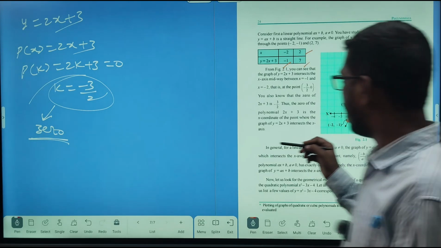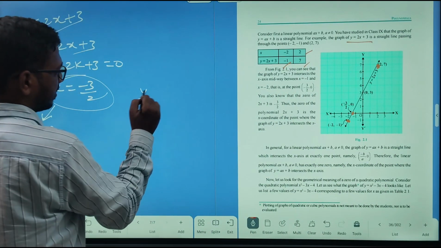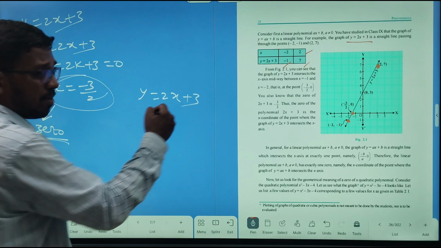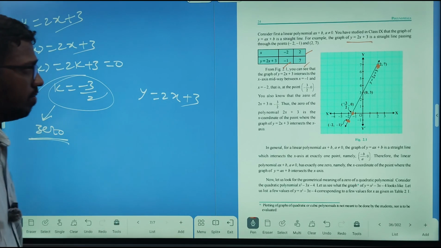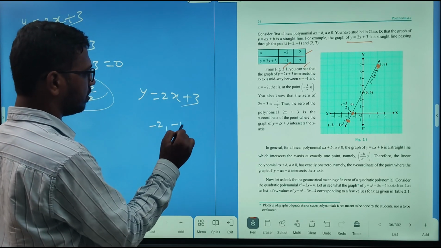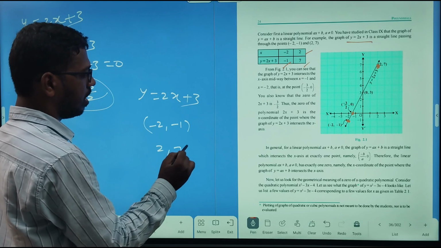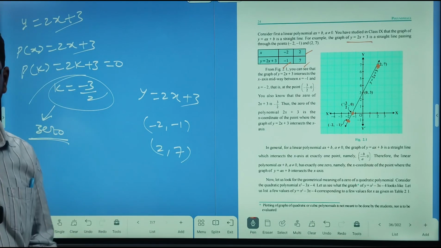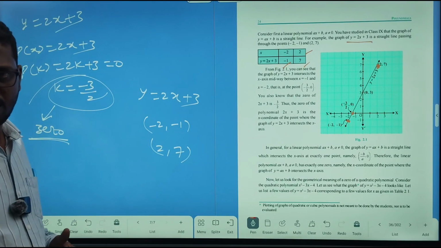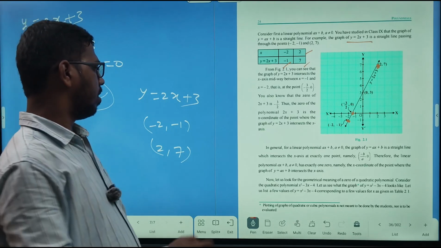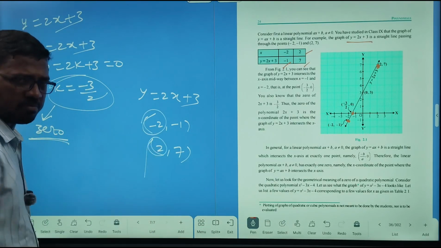How? If you draw the graph of y equal to 2x plus 3 with the help of 2 points, minus 2 comma minus 1 is one point and 2 comma 7 is the other. Not only these 2 points, you can take any 2 points, one positive value and one negative value I am substituting.